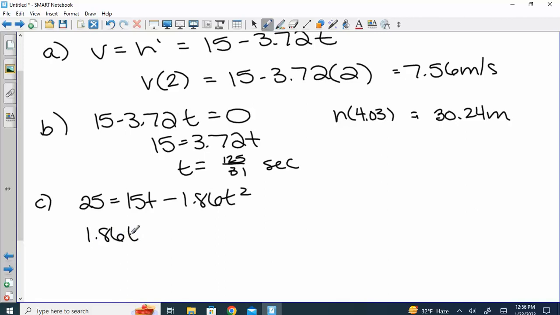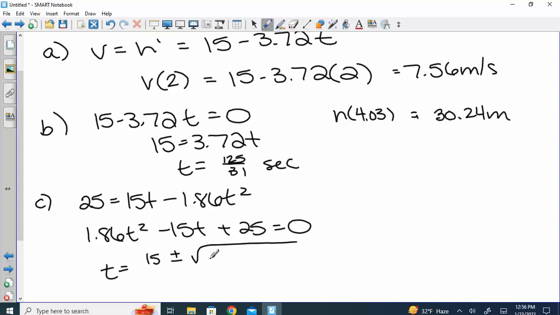It's a quadratic, so I'll bring everything over. I'm probably going to have to do the quadratic formula on this. So opposite of b plus or minus the square root of b squared minus 4 times a times c over 2a.